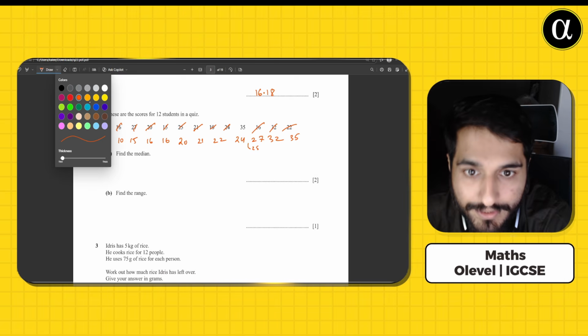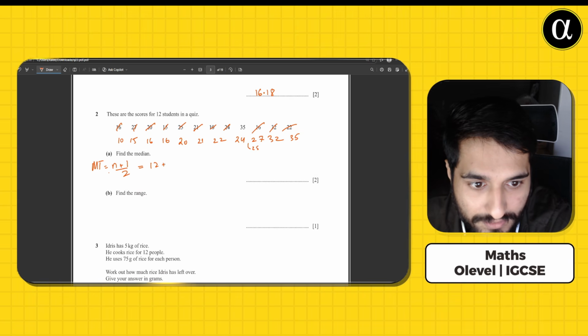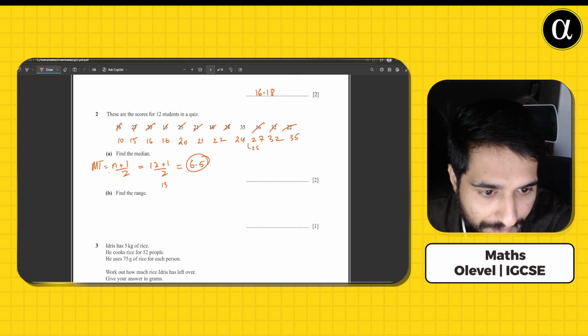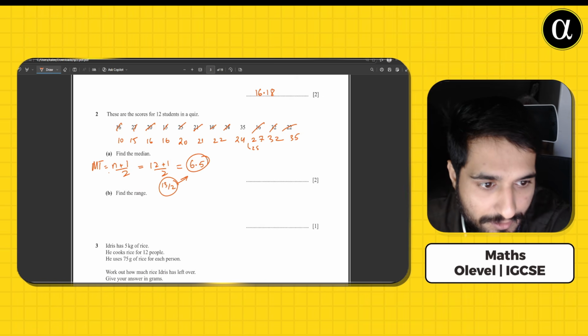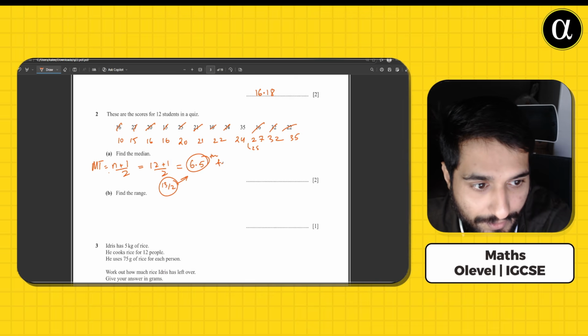How can we find the median? The formula for the median term is (n plus 1) upon 2. That is 12 plus 1 over 2, which is 13 over 2, giving us 6.5. But keep in mind this is not the answer, this is the term number, the 6.5th term.